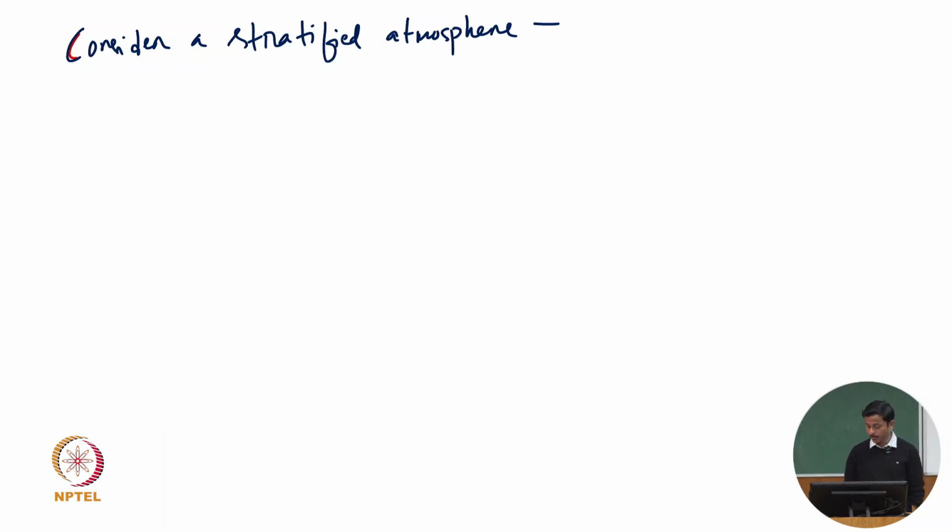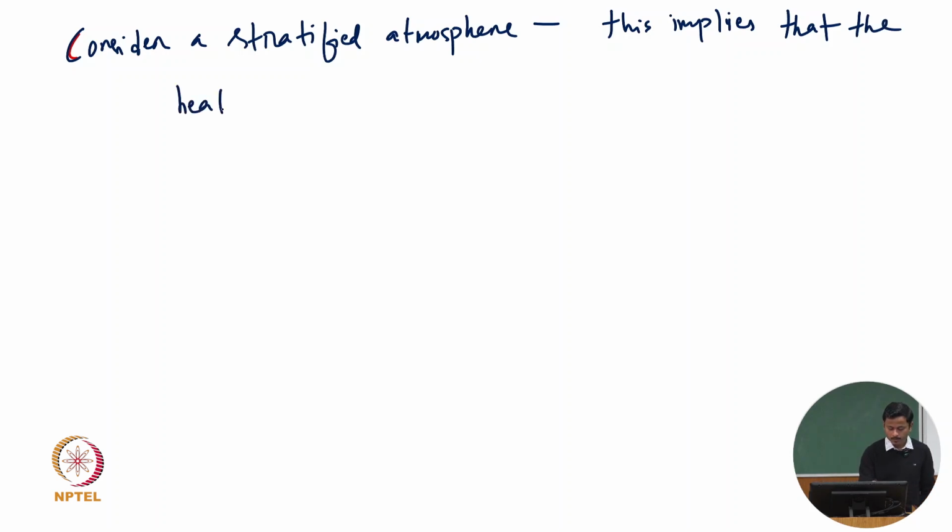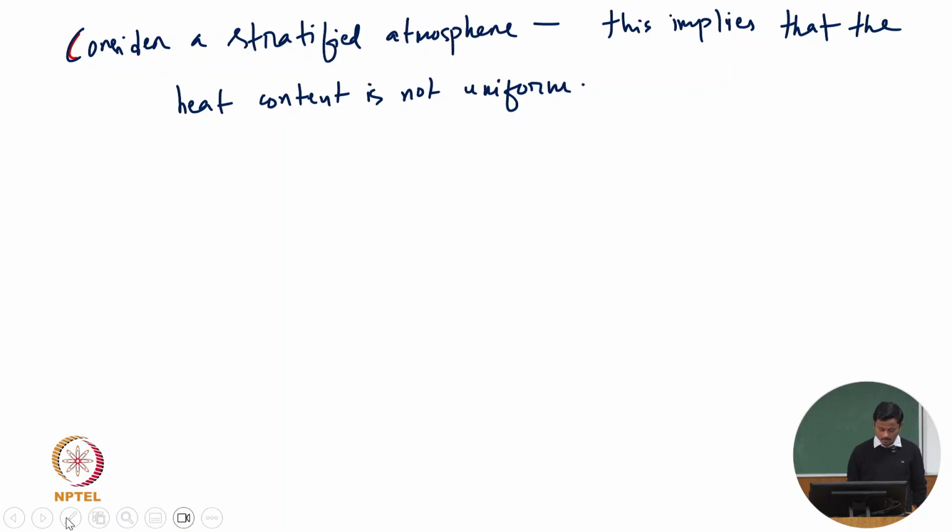The temperature is also varying with height. This statement itself implies that the heat content is not uniform, because the temperature is varying, so stratification automatically implies that the heat content is not uniform.